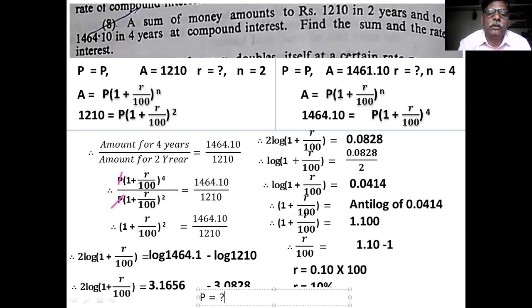You calculate the P value. N, you take any one, 2 or 4. You take 2. N is equal to 2.